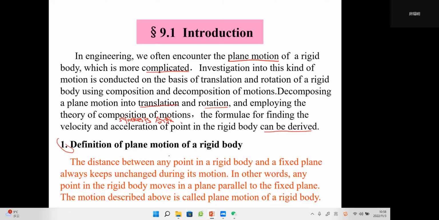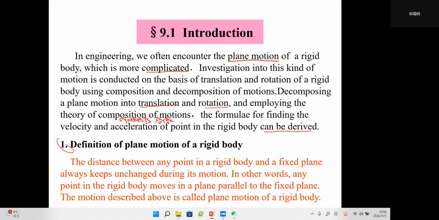The distance between any point in the rigid body and the fixed plane always keeps unchanged during its motion. In other words, any point in the rigid body moves in a plane parallel to the fixed plane. The motion described above is called the plane motion of a rigid body. So let me repeat that.